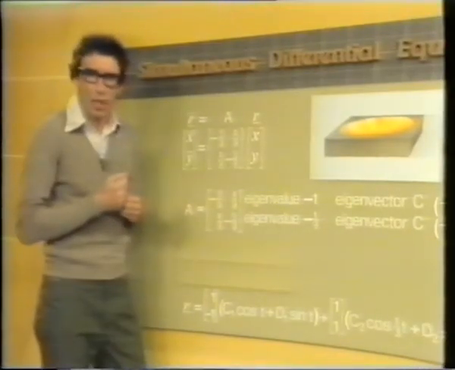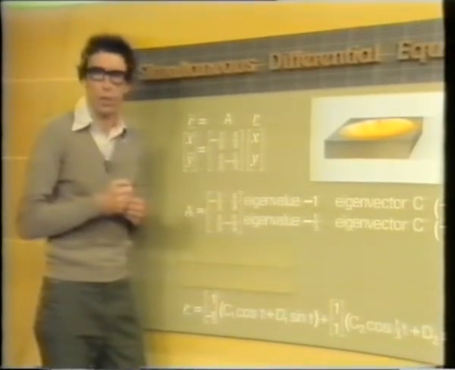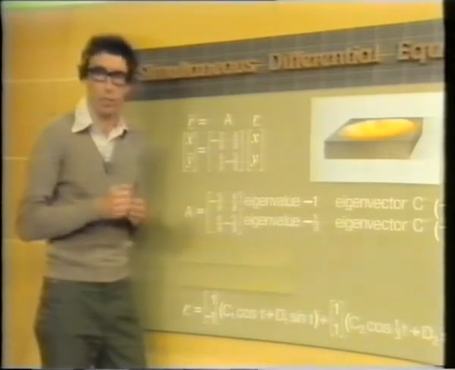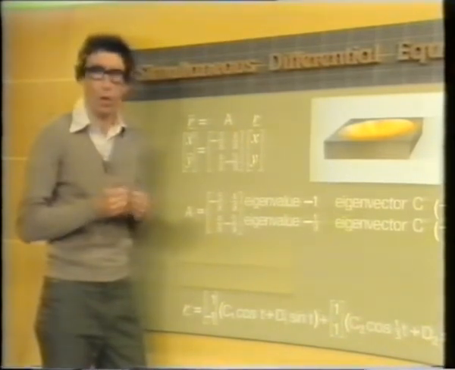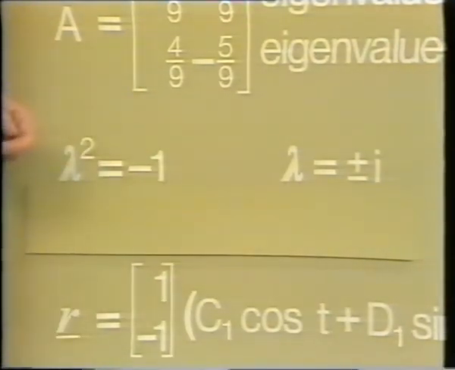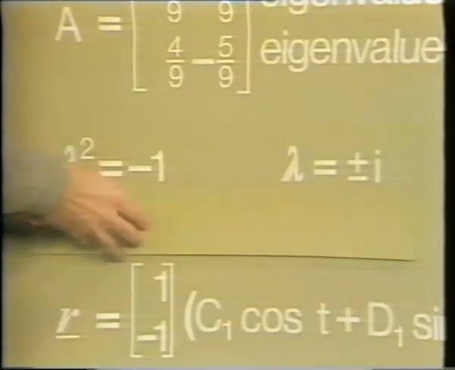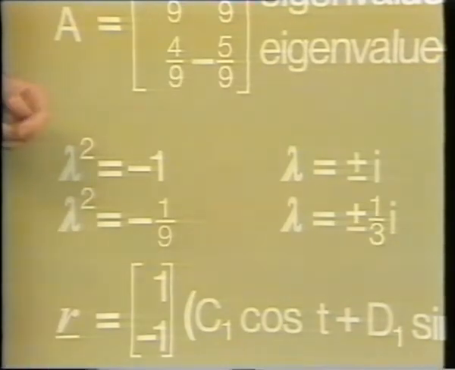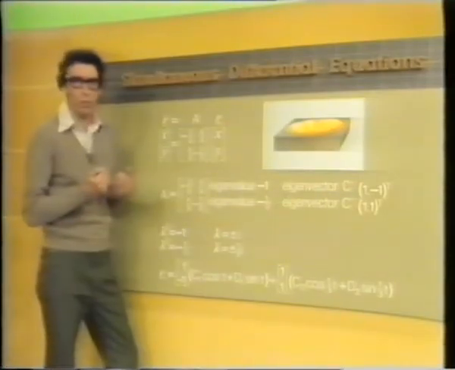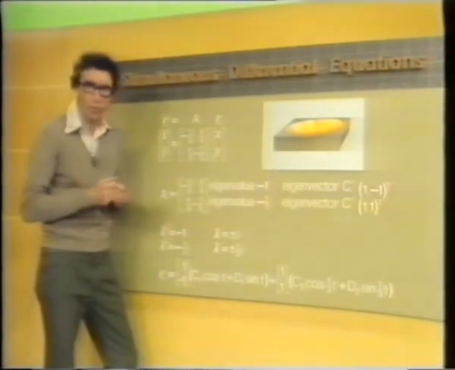In this case, the eigenvalues are -1 and -1/9. And the next step is to find their square roots. Well, the square roots of -1 are plus and minus i, and the square roots of -1/9 are plus or minus 1/3 of i. And now we've got enough information just to write down the general solution of our differential equations.